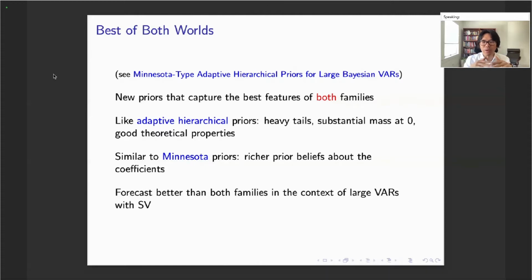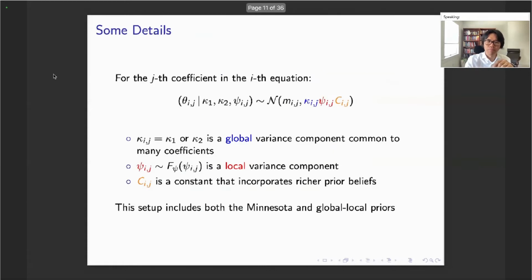So they all have very thick tails, a lot of mass around zero, but they also provide a framework to incorporate much richer beliefs as in the Minnesota prior. So in a forecasting exercise, we show this new class of priors beats the other two I mentioned. So I will just highlight a few details.